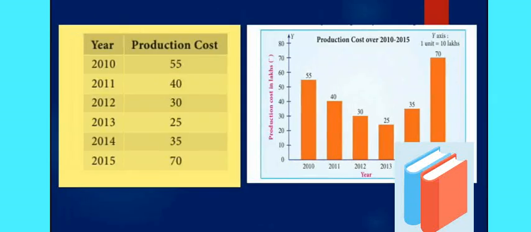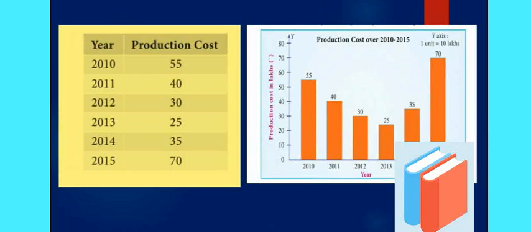Next, now see the example for the bar diagram. They have given the year and the corresponding production cost. So the year you mention on the x-axis, and production cost you take on the y-axis. Here in production cost, what is the highest value? 70. What do you do? On the y-axis you take 1 centimeter equal to 10 units, so 10, 20, 30 up to 80.